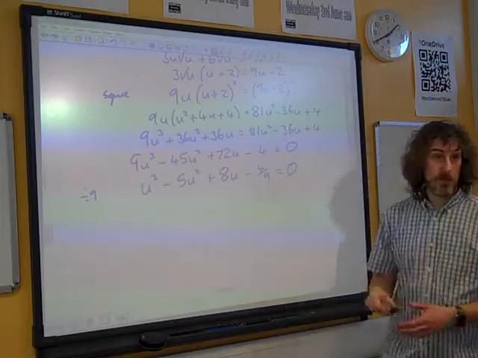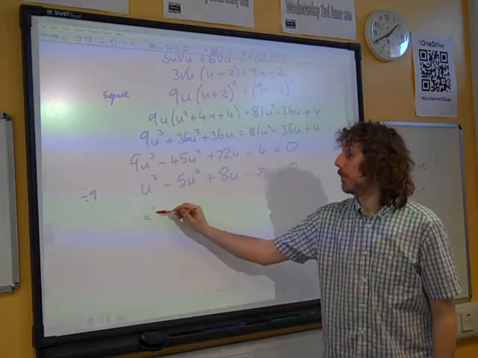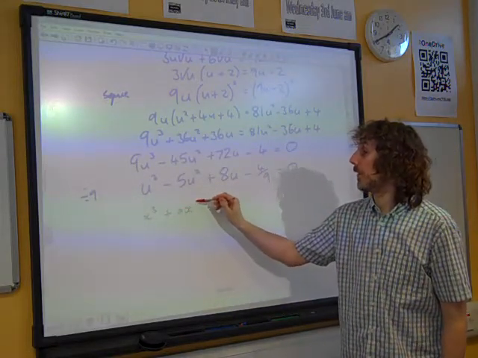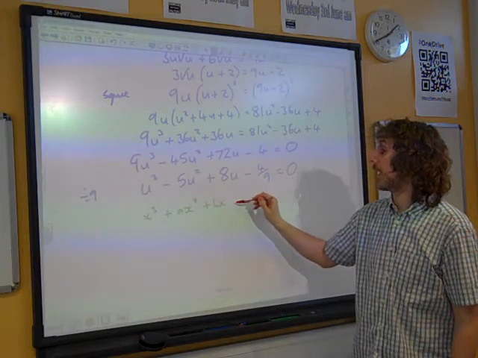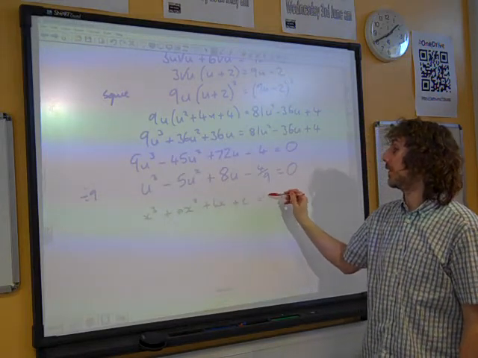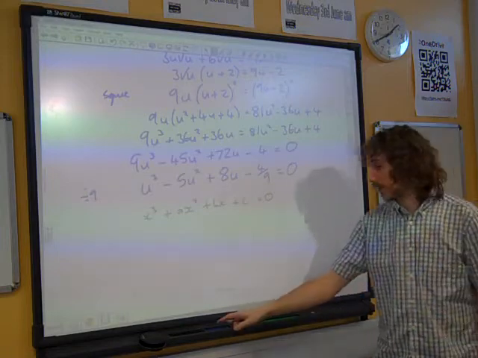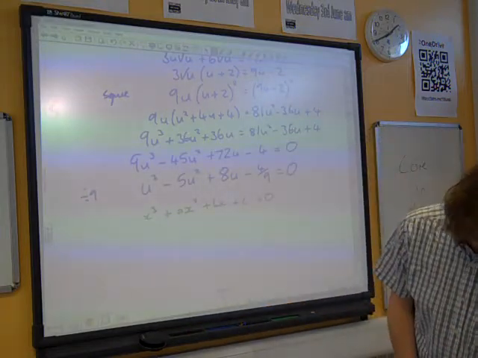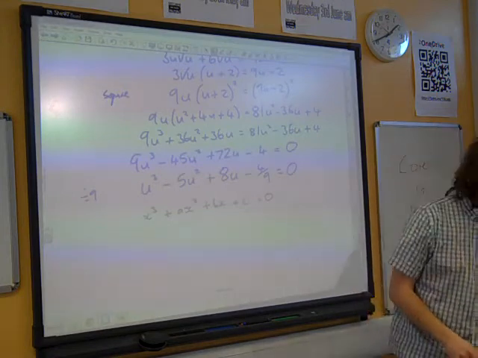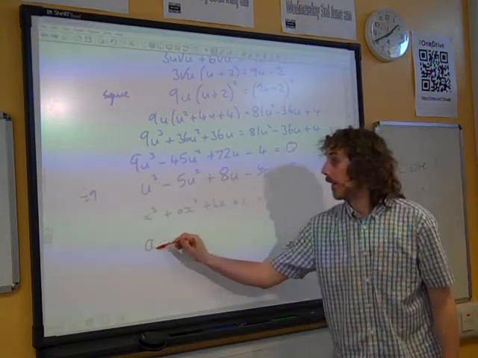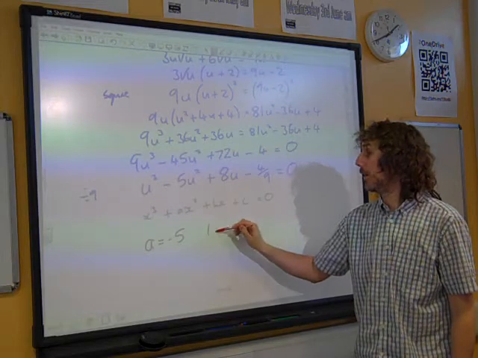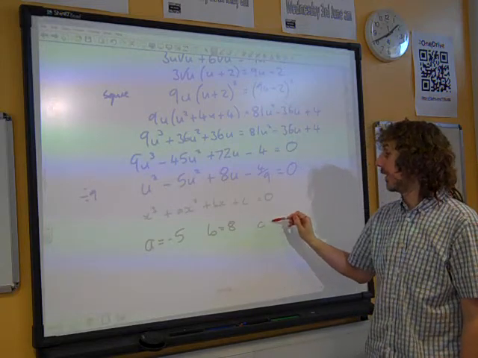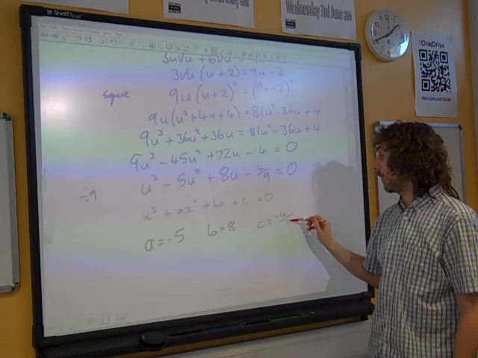And remember, the question was asking us to compare this with x cubed plus ax squared plus bx plus c is 0. So it did ask us for the values of a, b and c, so we have to actually finish it off by saying a equals minus 5, b equals 8, c equals minus 4/9.